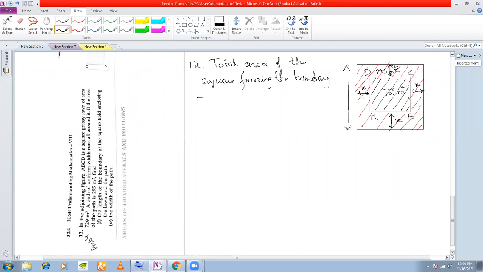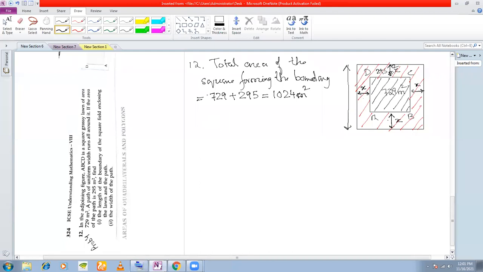It is equal to area of the inner square, the grassy lawn, plus the area of the path around it, 295. So this comes to 1024 meter square. This is the area of the square that surrounds the smaller square, right? Area of the bigger square.